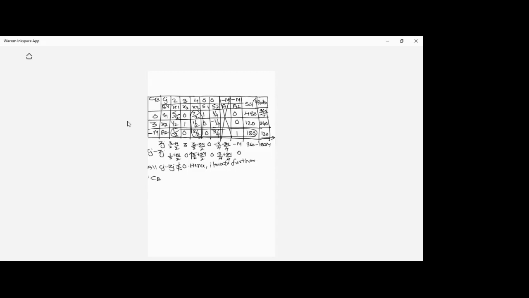So CB, we have 1, 2, 3, 4, 5, 6, 7. This is for solution. So Cj, it is basic variables.